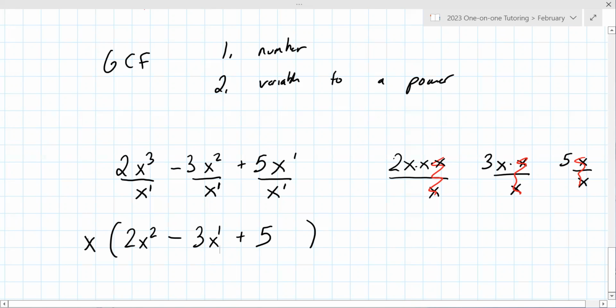All right, let's look at another one here. Let's say it's 9x to the 5th plus 4x cubed minus 5x squared. Is there a variable that's the same in all three of these?